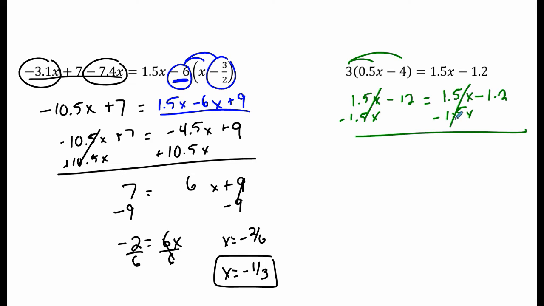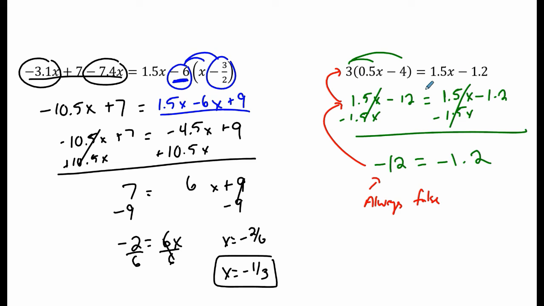That adds to 0 as well. That's interesting. And I get negative 12 equals negative 1.2. Wait a minute. This is always false. So if this is always false, that means that was always false, which means the original is false.